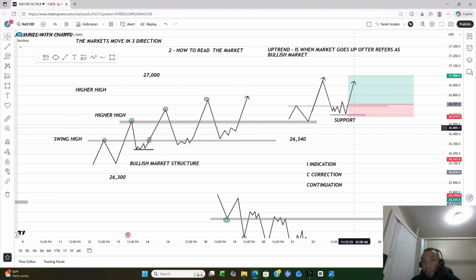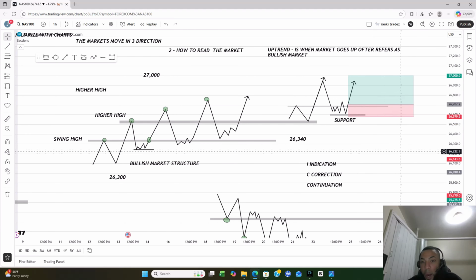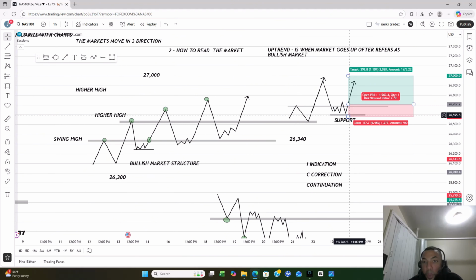Okay, let me keep it simple for you. We are stacking $10, $50. Let's say if you got a $100 account, we leaving that money there, the $100, waiting for the right time to put $5. When the market gives us that bullish structure, we put in our $5 at risk.